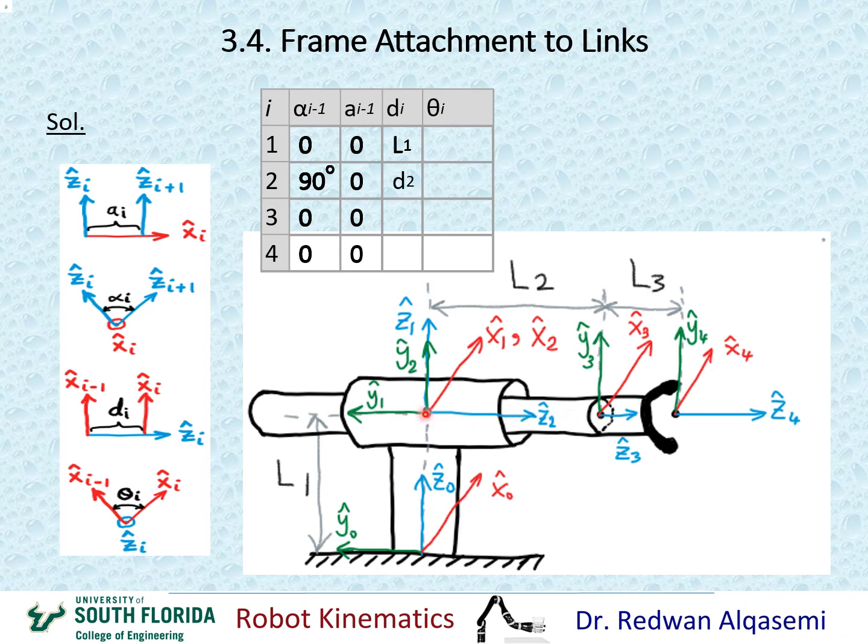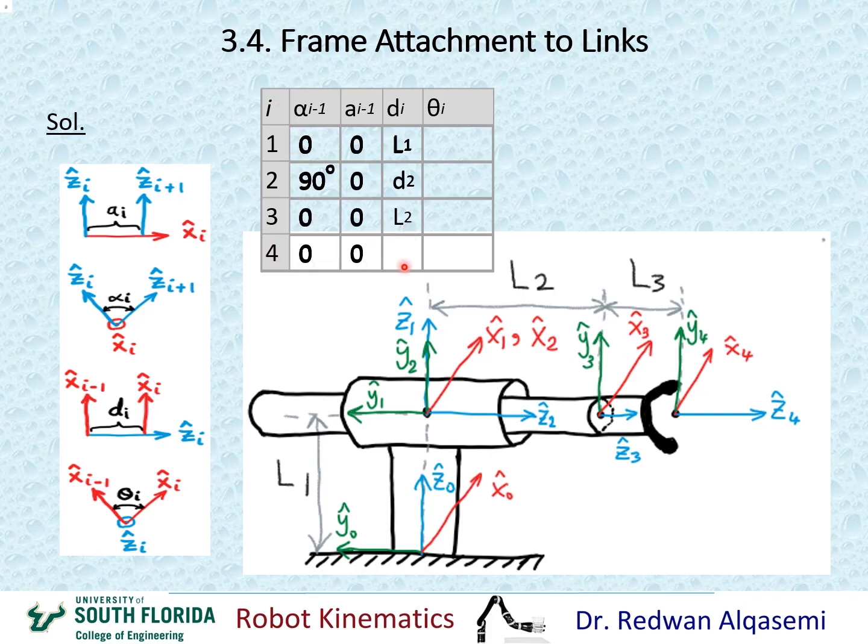And remember, even if we move joint 2, x2 is going to move along and x3 will move as well. So this distance will never change between x2 and x3. That distance here is indicated, as you can see, by L2. So the distance between x2 and x3 along z3 is L2. So I'm going to put L2 here.